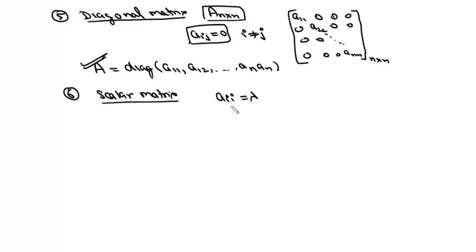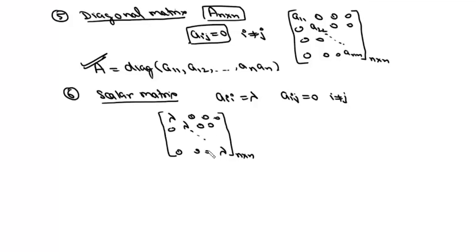So if Aii is lambda and Aij is 0 if i is unequal to j, we call it a scalar matrix. Say for example, suppose we have any n cross n matrix, then if all the diagonal elements are the same and all the non-diagonal elements are 0, we call it a scalar matrix.